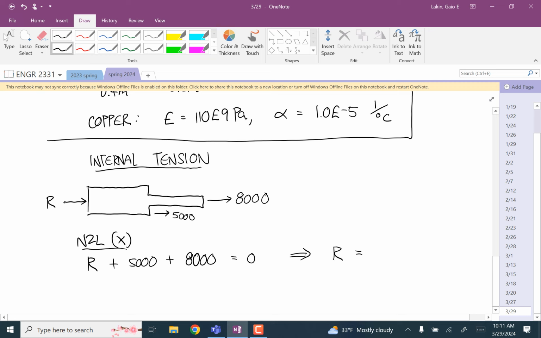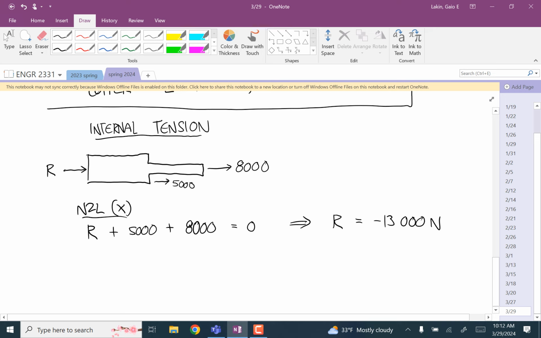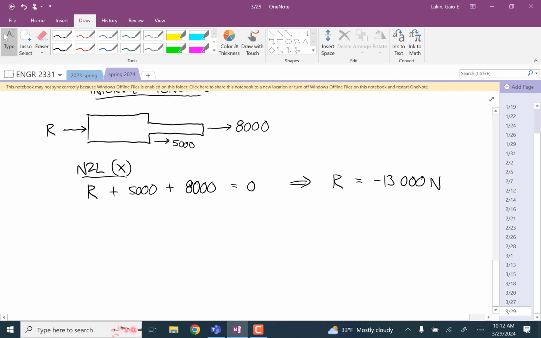So R is negative 13,000 newtons. And we knew that from looking at it, I drew that R backwards, but I think it helps just to keep yourself sane to treat those reactions always in the positive axis directions. Okay, so now we can do our cuts.